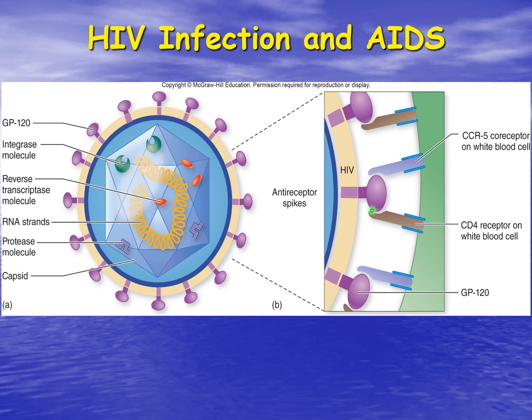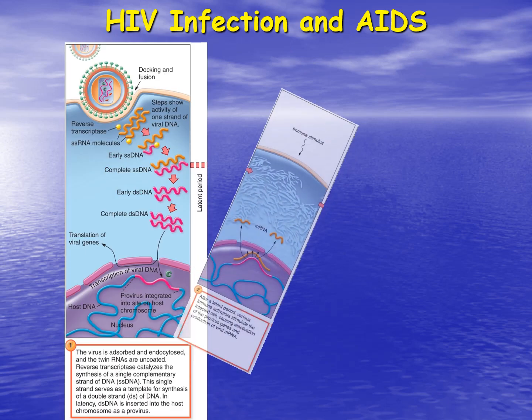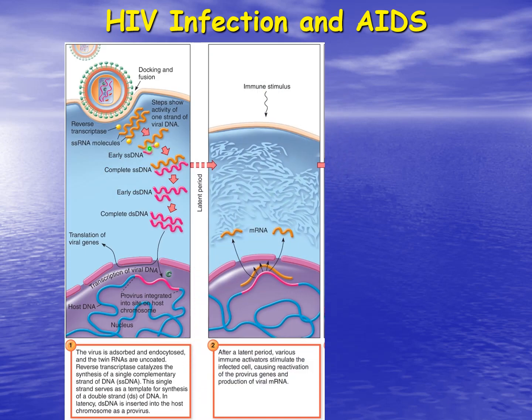This, along with some other ones, will attach to the CD4 receptor on the white blood cell. So these GP120 proteins are responsible for attachment to the host cell. So we see docking and fusion of the GP120 with the CD4 receptor.